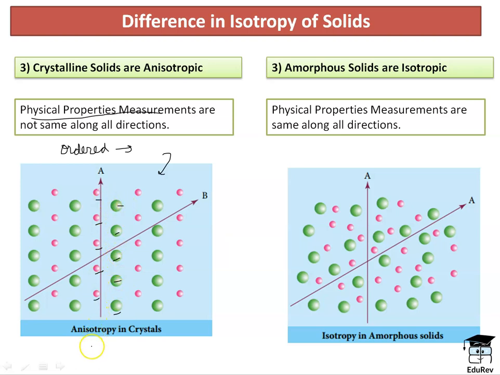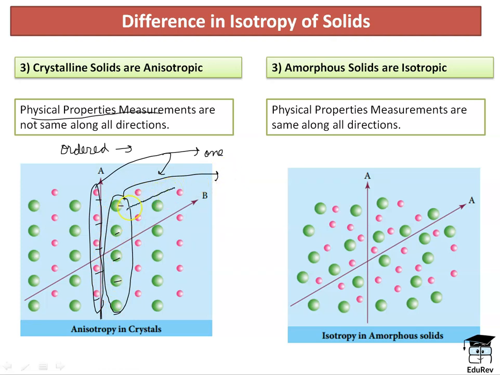Let's measure a physical property, such as the refractive index, along this axis, along these pink particles. We will get one value from it. If we measure physical properties along this, we will get another value.